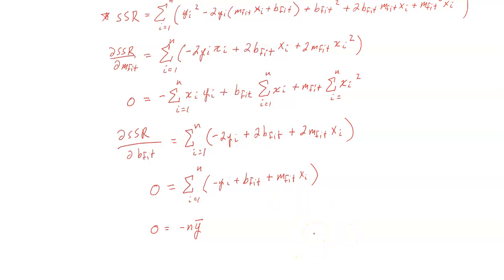And then for my b fit term, my b fit is just a constant. So when I sum from i equals 1 to n, I can pull that constant out, and we just get n when we do that sum, because we add up the number 1 n times. So we say plus n times b fit.